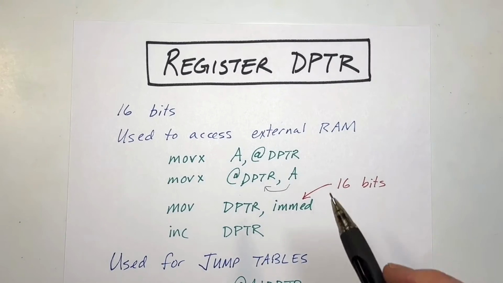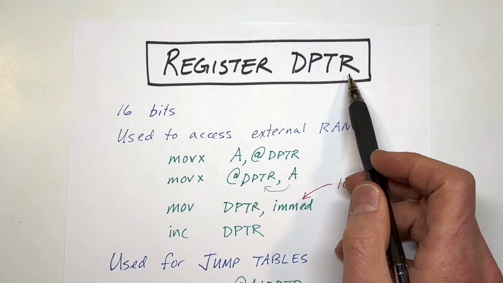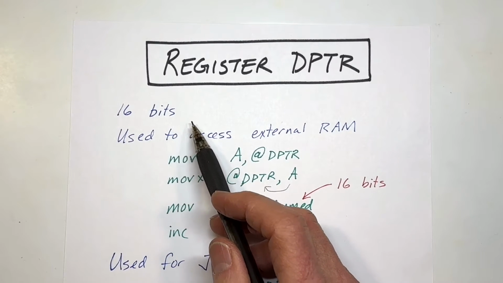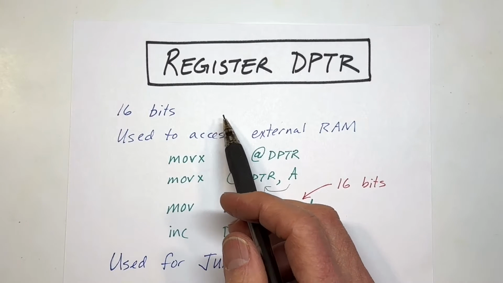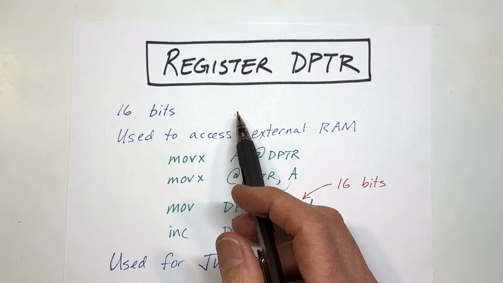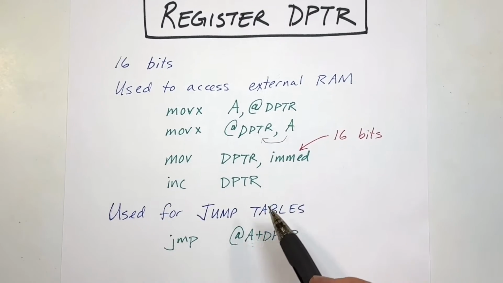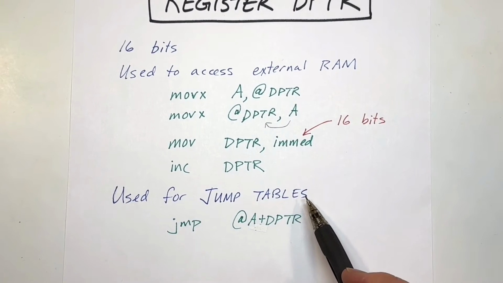So now let me talk about the DPTR register. It is 16 bits in length, so it can address anything within a 64K range. And it's used primarily to access external RAM and for jump tables.